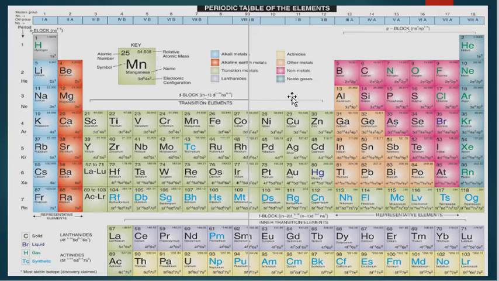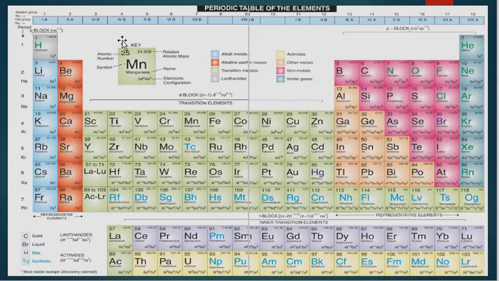Nickel is Ni. But copper is Cu, not from the English name but from cuprum. Zinc is Zn. So these are the ways in which we name. Sometimes we also give the name of somebody related to the discovery. Now these are the old names; the new names follow a certain formula by the International Union of Pure and Applied Chemistry.